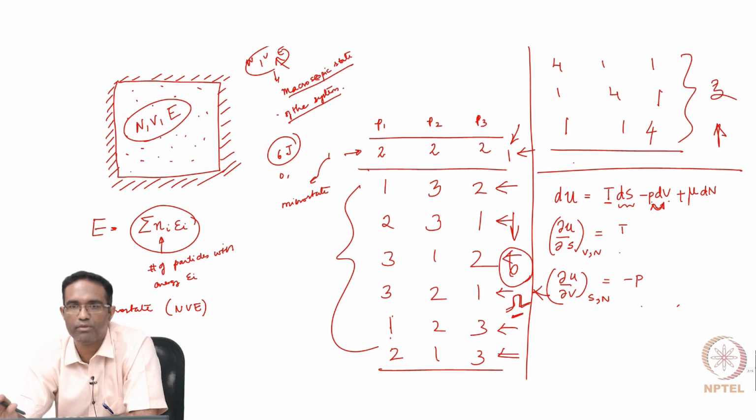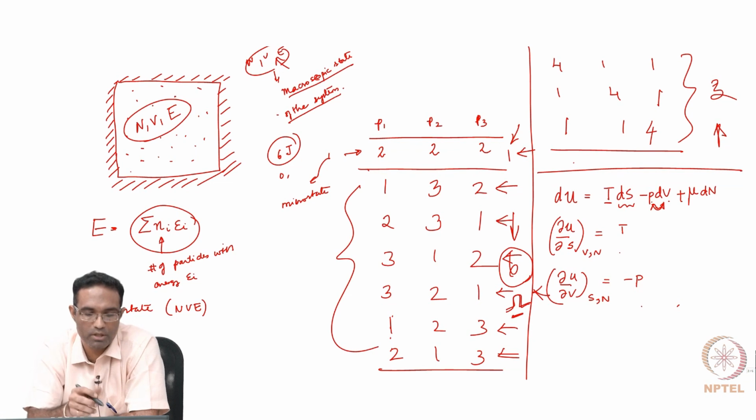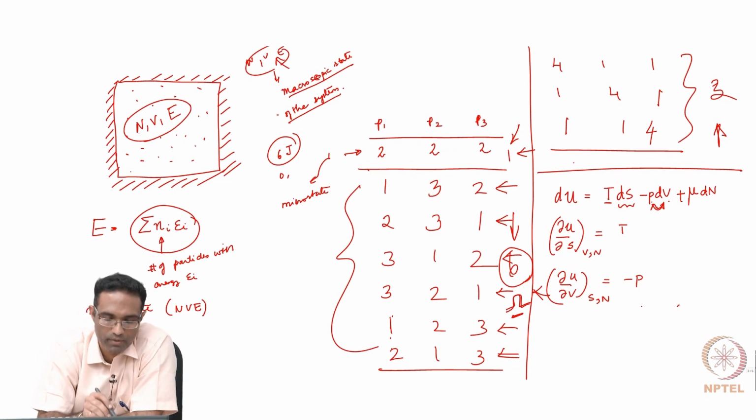That's the answer for it. If you are going to specify everything, for example N, V, E, you can't do it independently. You can't specify the temperature independent of the entropy of the system. You can't specify N independent of the chemical potentials of the system. You cannot specify the pressure independent of the volume of the system.